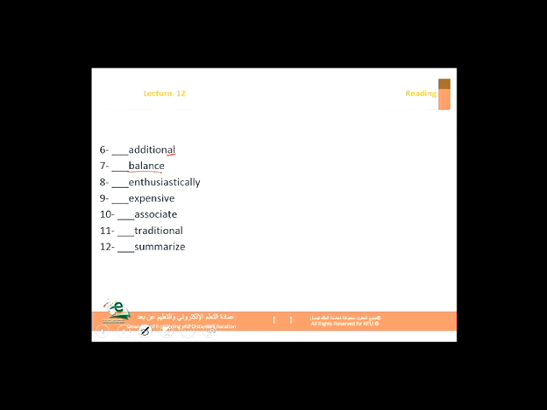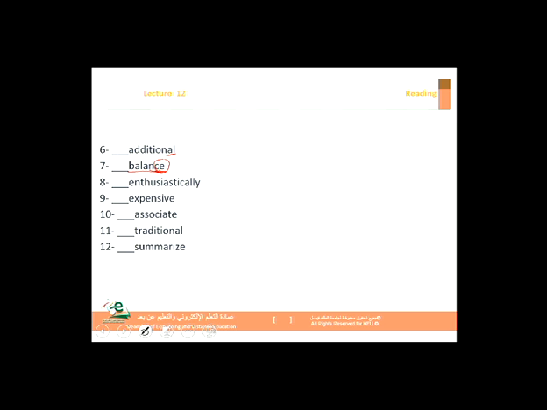To balance. Now, you need to be careful here because sometimes one word can have two parts of speech. So balance here can be a verb and can be a noun as well. But if this ending is used with a noun, the correct answer will be noun.